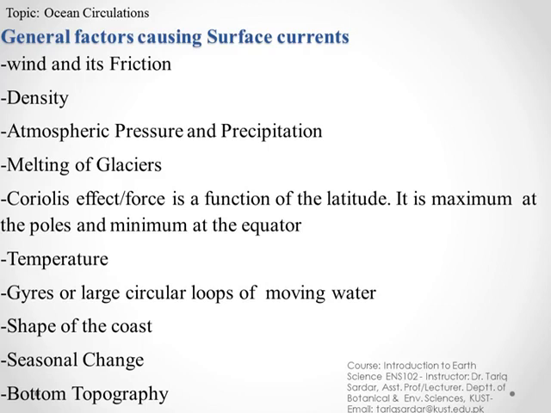That's the main cause. Like we see in the winds, winds are also caused by atmospheric pressure and temperature. So that is also the cause behind the surface circulation, the oceanic circulation or currents.